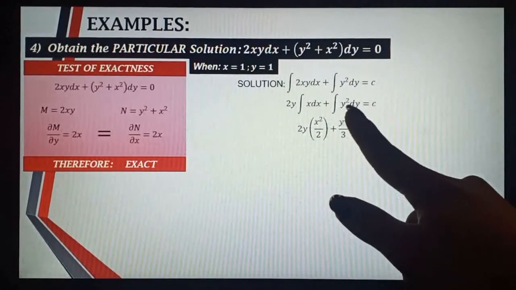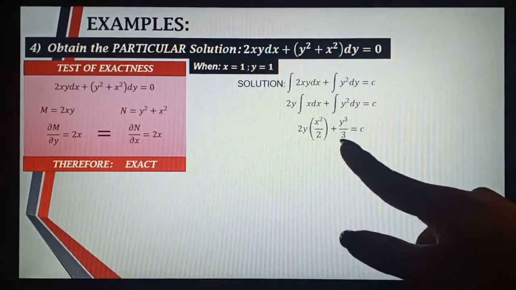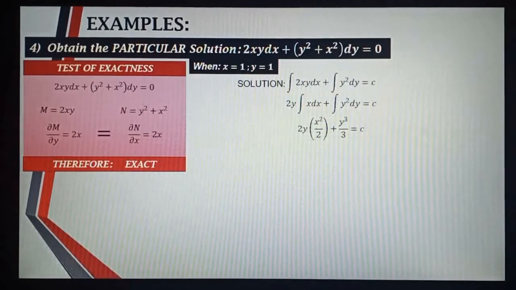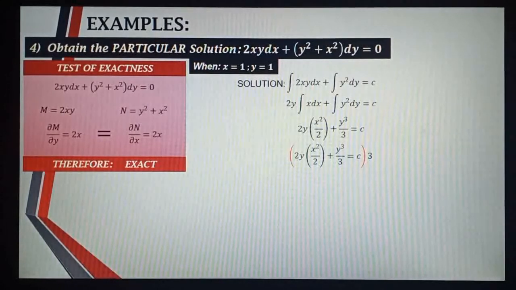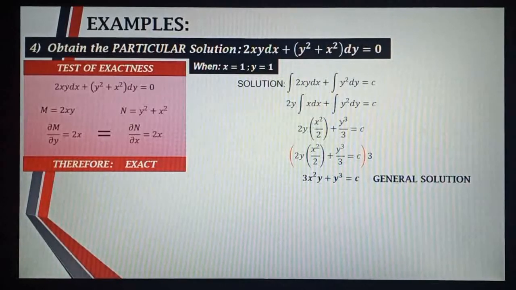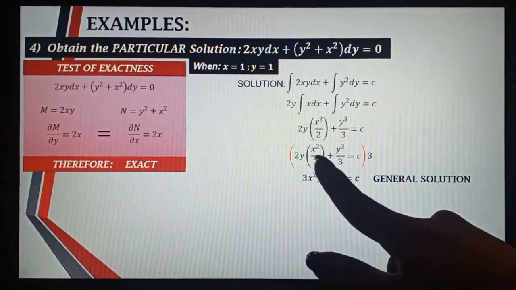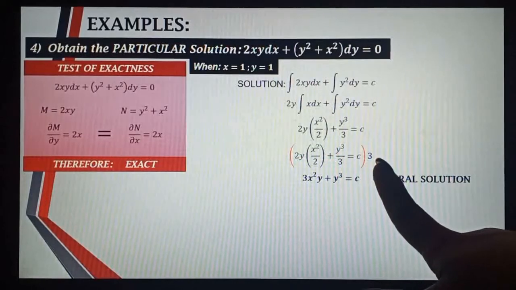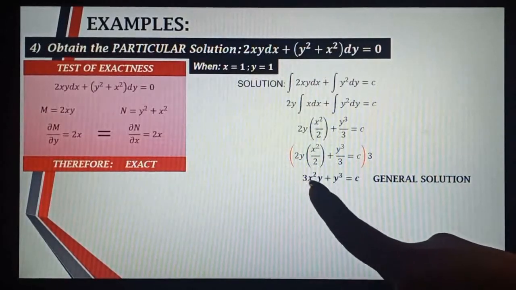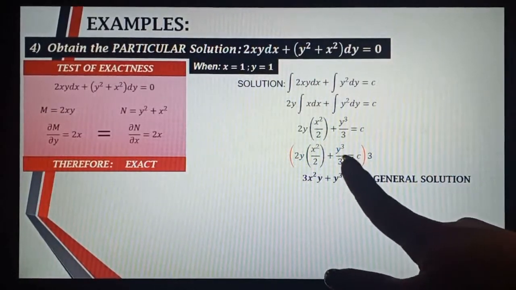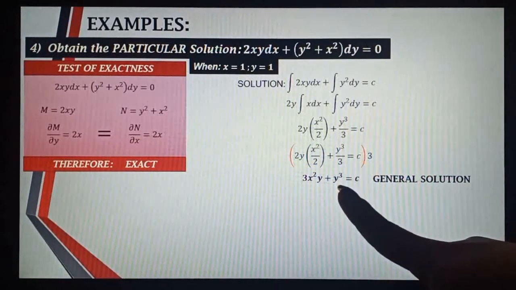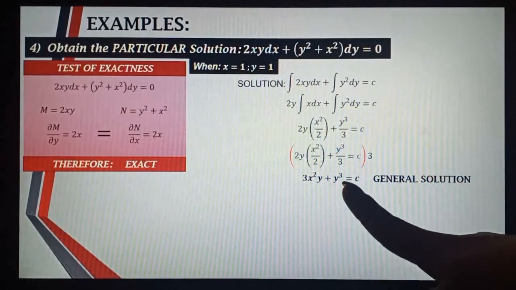Then y squared dy is equivalent to y cubed over 3, then equated to c. Now simplifying the equation by multiplying it sa 3, you will now have your equation as cancel si 2. Multiplying sa 3, you will have 3x squared y. Then makakancel si 3. Ang matitira na lang is y cubed, then equated to c.